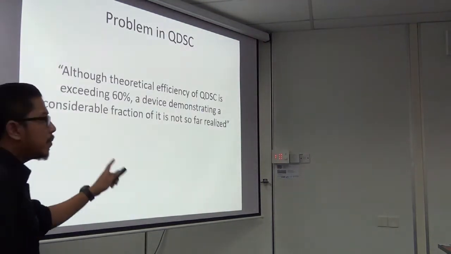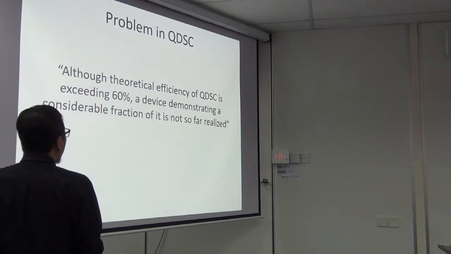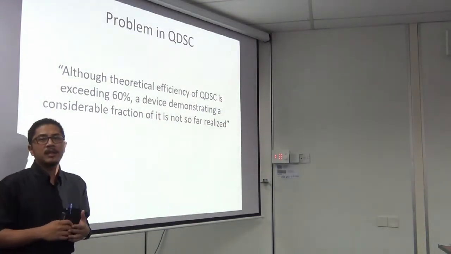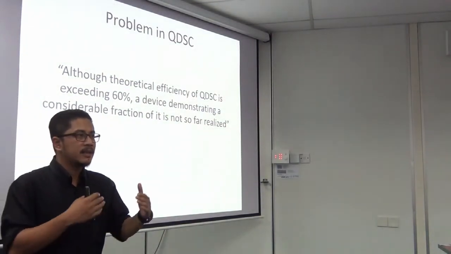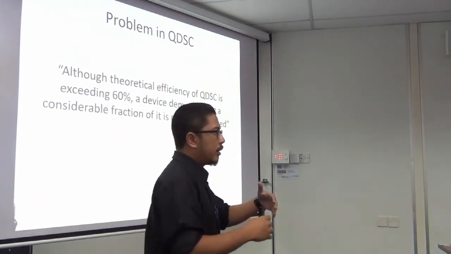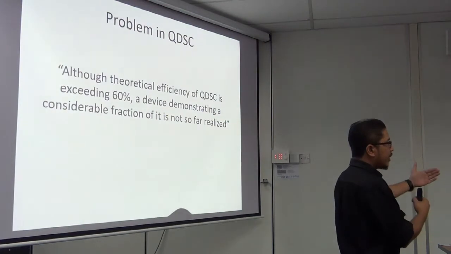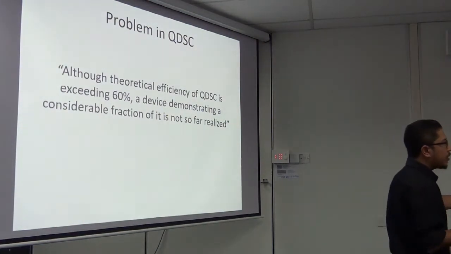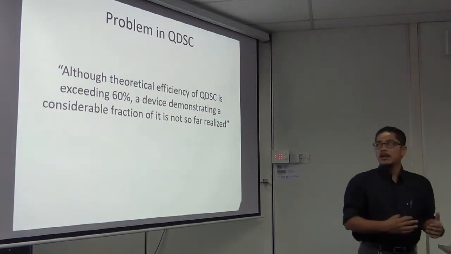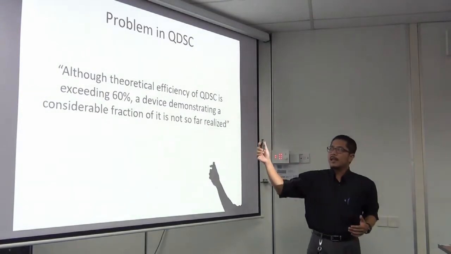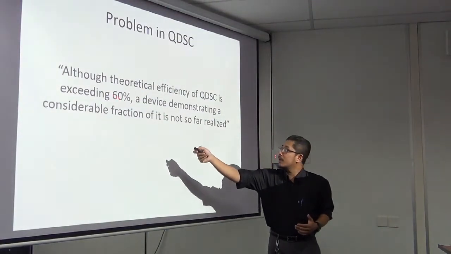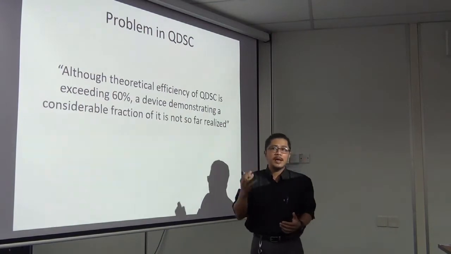So this is the problem in quantum dot solar cells. Although the theoretical efficiency of the quantum dot solar cell is exceeding 60%, unlike crystalline silicon, which promises 32% but is reaching 29%, the quantum dot solar cell promises more than 60%. However, it only reached 8.6%.